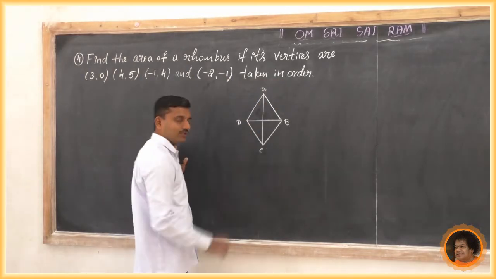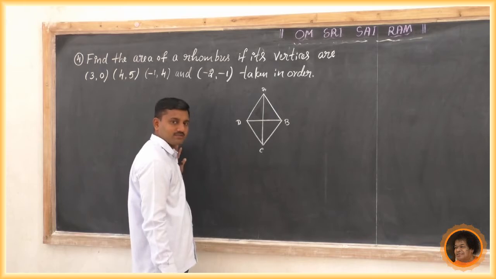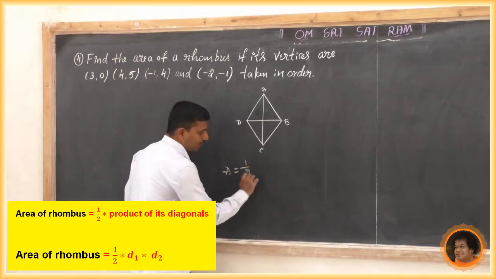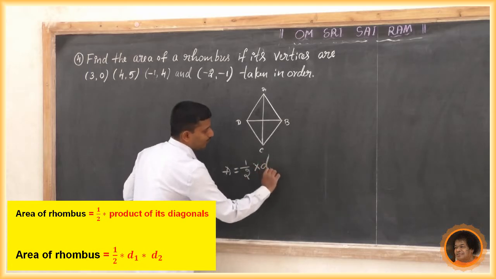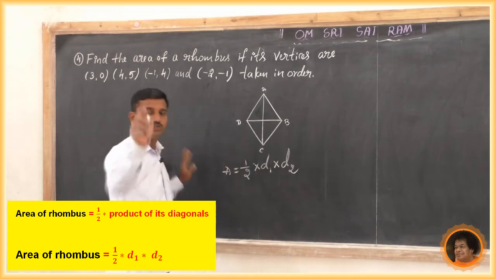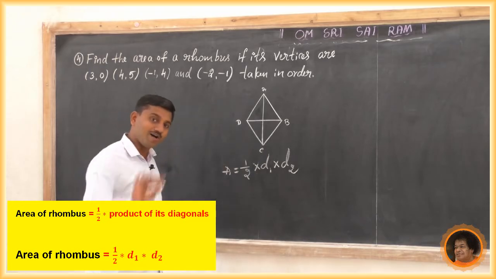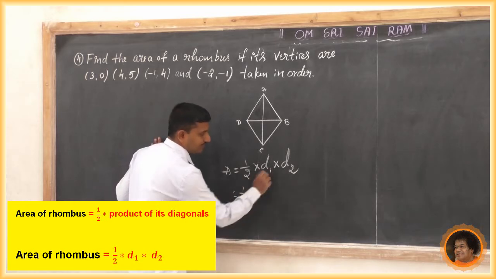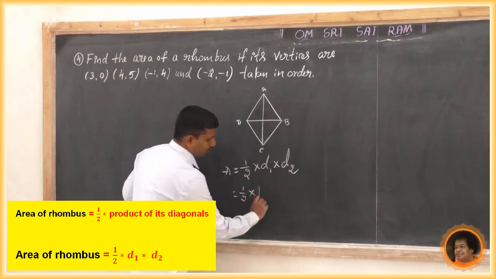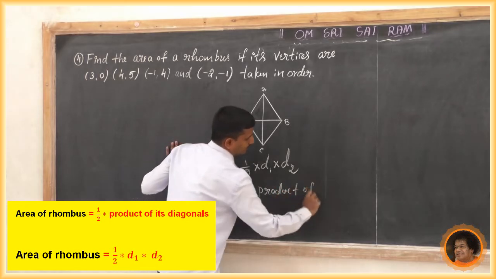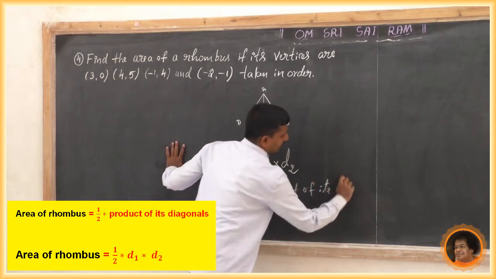What is the formula to find the area of the rhombus? Area of the rhombus, A equal to half into D1 into D2. So this is the formula to find the area of the rhombus, or in other words, half into the product of its diagonals.